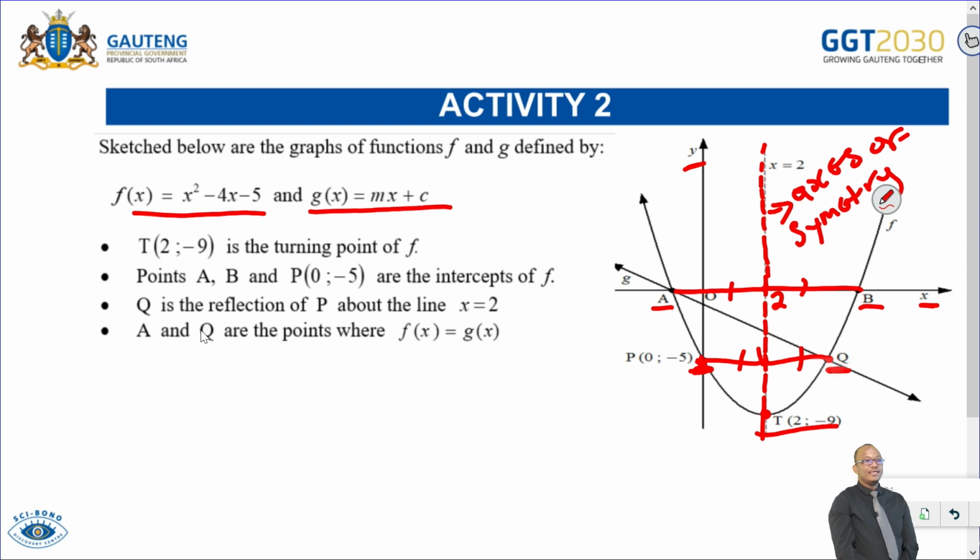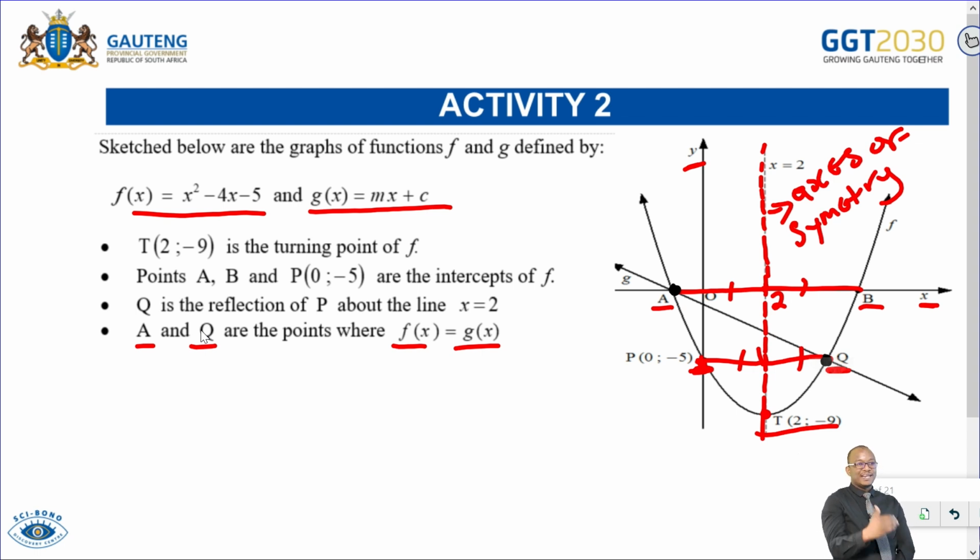So now A and Q are the points where f and g are equal. So looking at this, we can see that A is an intercept of the graph of f and the graph of g. And also Q is an intercept of the graph of f and the graph of g.